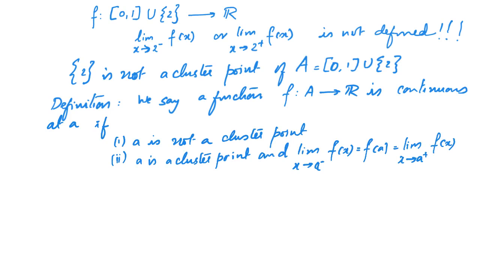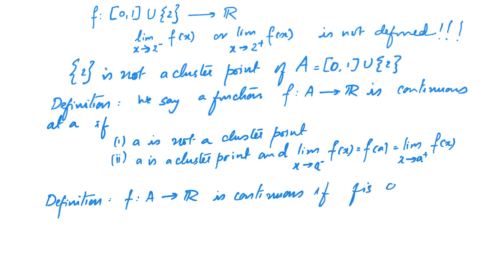So if either of these conditions is satisfied, then we say that the function is continuous at a. Finally, we say that a function f from A to R is continuous if f is continuous at all a in A.